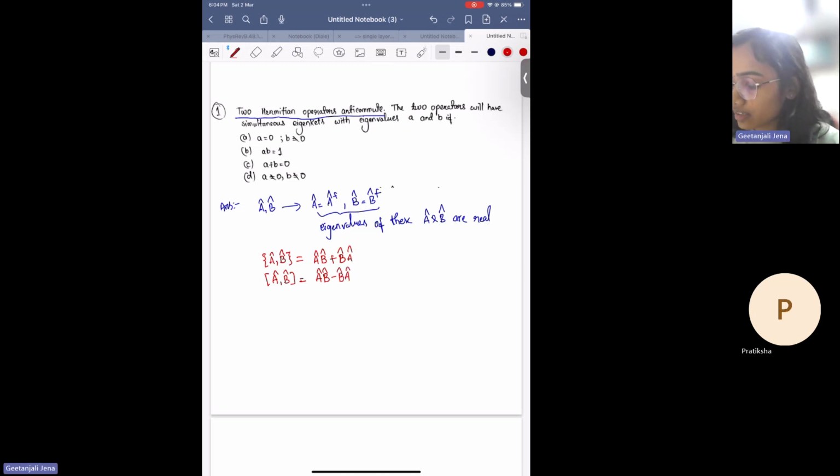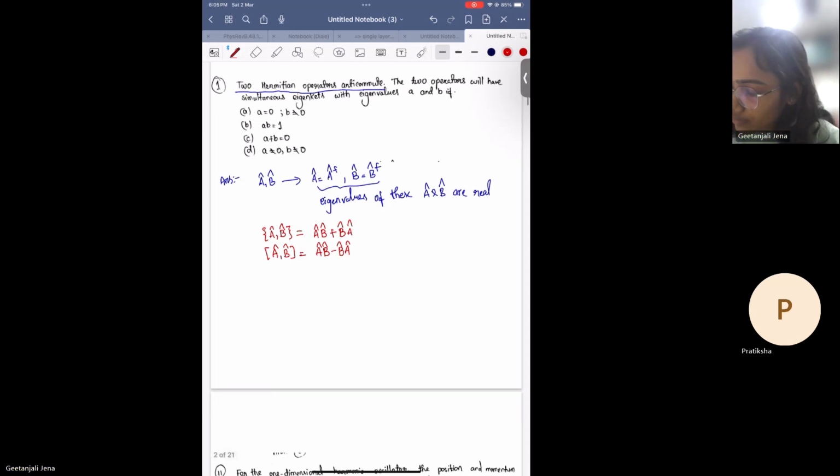So the minus BA is replaced by plus BA in the anti-commutation relation. It is given that the anti-commutator of A and B is 0. Okay, this is given to us.